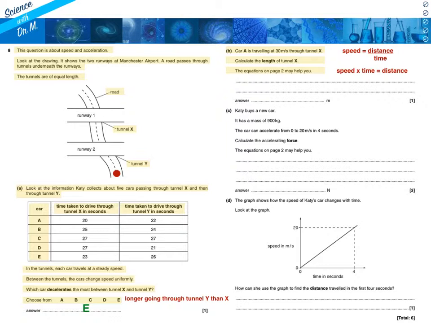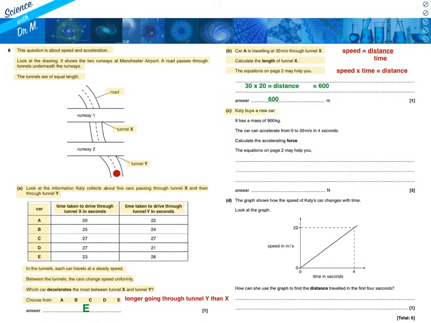So distance equals speed times time. Now let's put in our values. That's 30 times 20, so distance equals 600. I got the 30 from here, and I got the 20 from this table down here, because we're talking about tunnel X and car A. So multiply those two together, we get 600, and put the answer in the space provided.